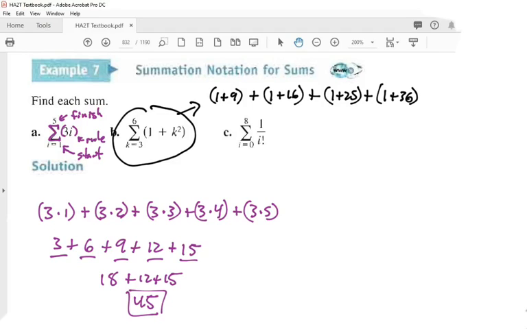How many numbers did I get? 4. And we went from 3 to 6. Some of you say right away, oh, that means there's going to be 3 terms. No, you have to count the 3. So there's 4 terms. So it goes 10 plus 17 plus 26 plus 37.